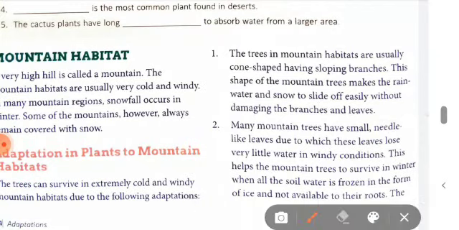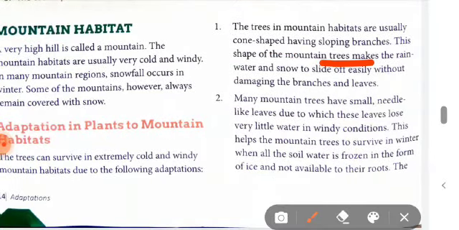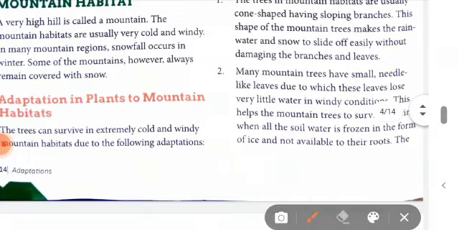First, the trees in mountain habitats are usually cone shaped. They are cone shaped and have sloping branches. The shape of mountain trees helps the rain, water and snow to slide off easily without damaging the branches and leaves of the plant.